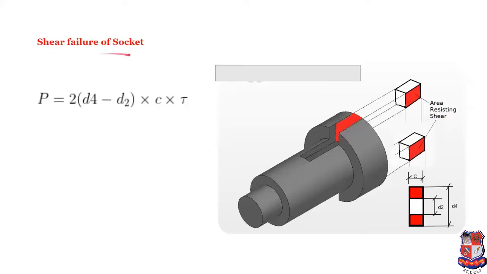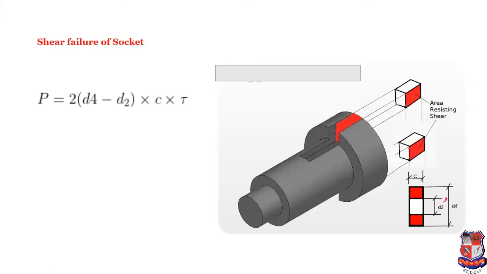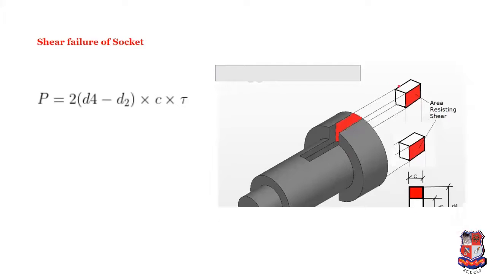Next is shear failure of the socket. Shear failure, so again, line of action of force is in this direction and the resisting area is this one. So D4 minus D2 by 2 into C for this area, D4 minus D2 by 2 into C for this area, this one is for this side, and again we have to go for the back side.